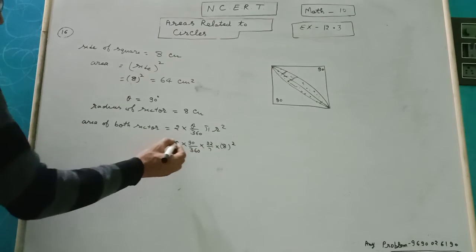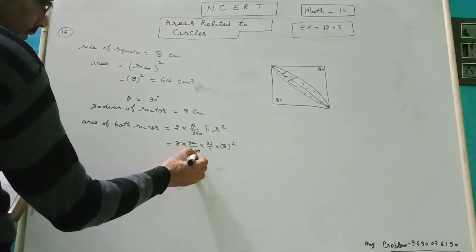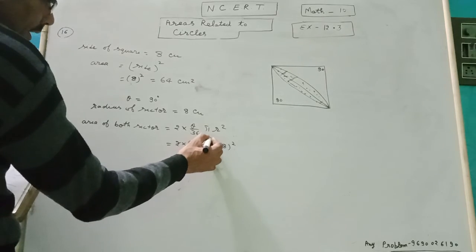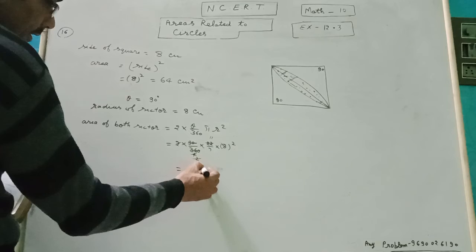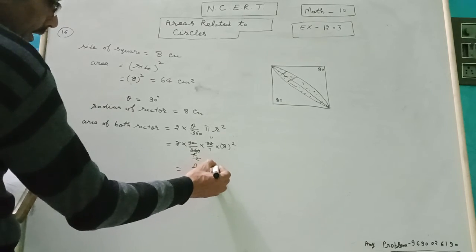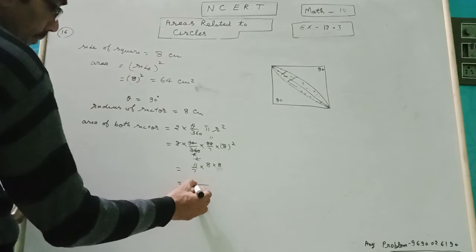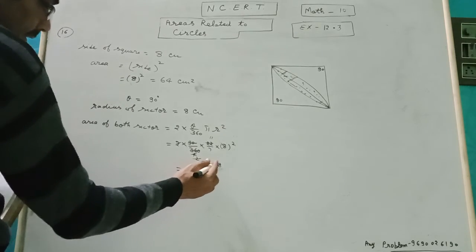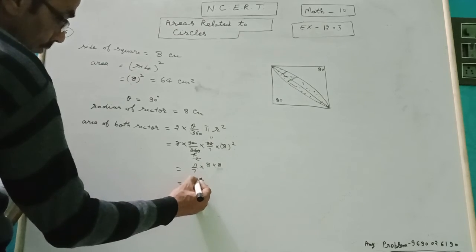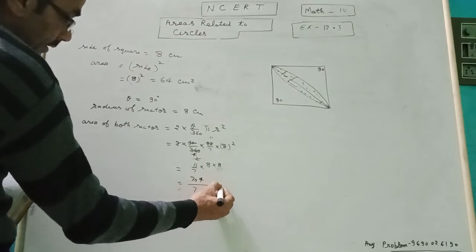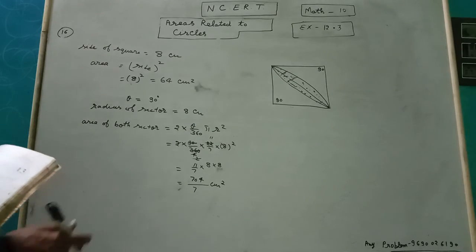Simplifying, 11 upon 7 into 8 into 8, after multiplying, 704 upon 7 cm square, the area of both sectors.